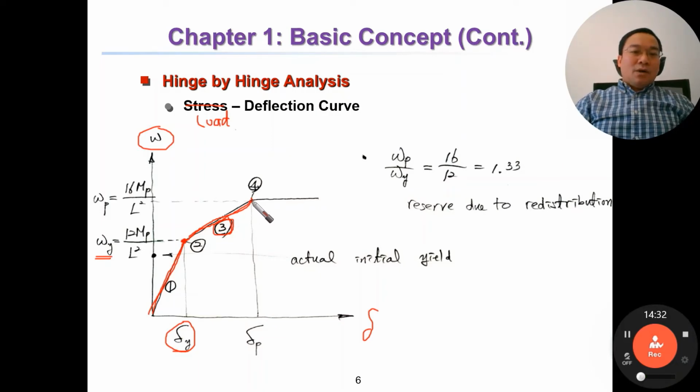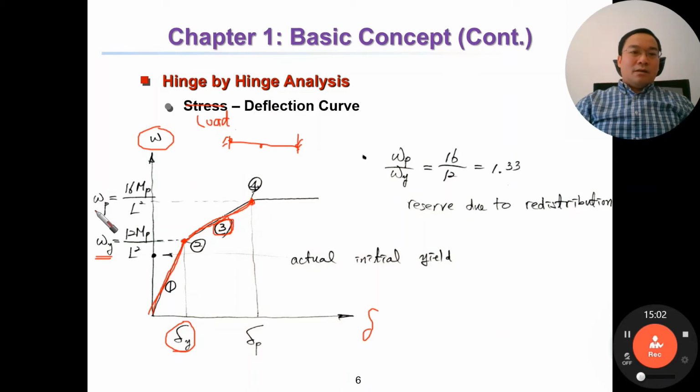And at this point, it is plastic collapse. At this point, 3 plastic hinges occur. 2 hinges are at both ends and 1 hinge is at the middle.